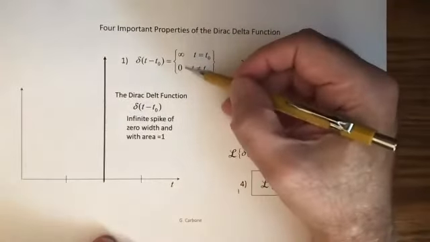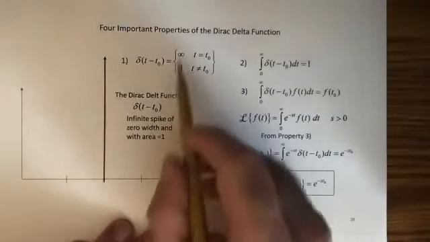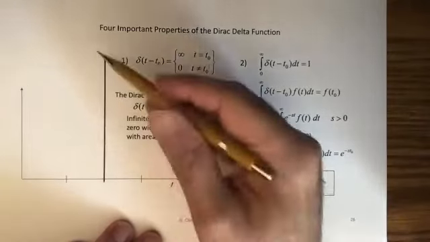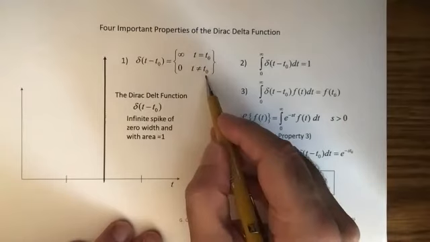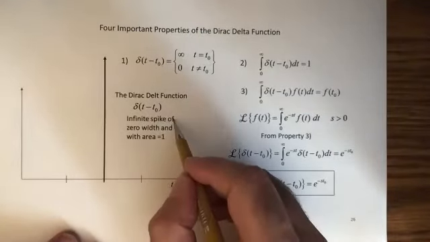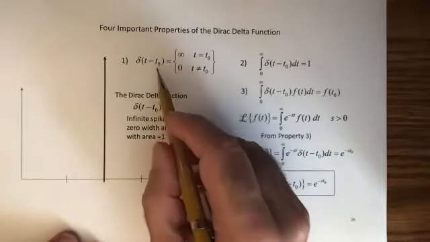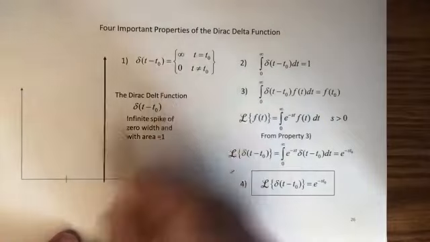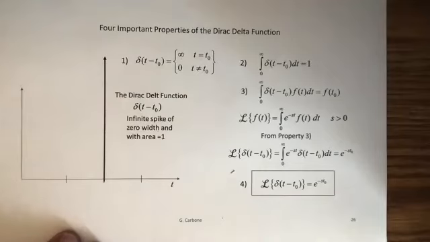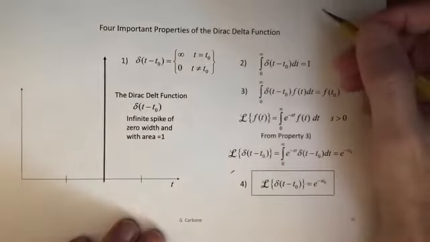You can see when you look here that the Dirac delta function is infinite when t is equal to t0, and it's 0 every place else. So that's our definition: the Dirac delta function has an infinite spike, with 0 width and area 1, at t0, and every place else it's 0. Okay, that's one property.